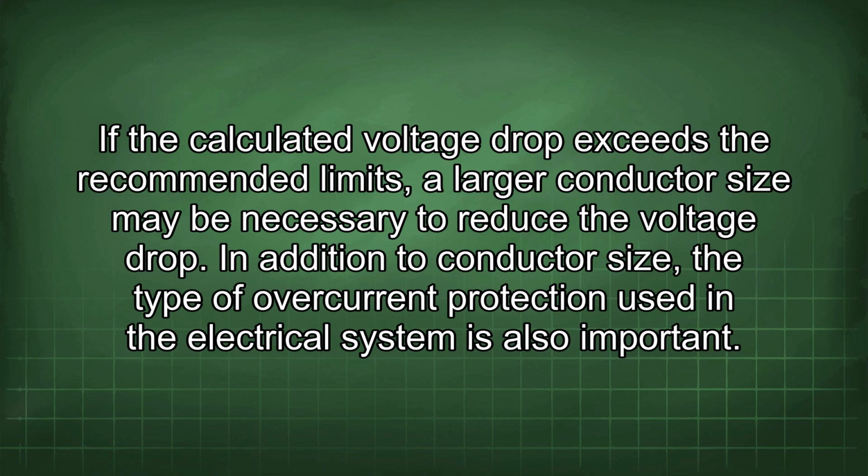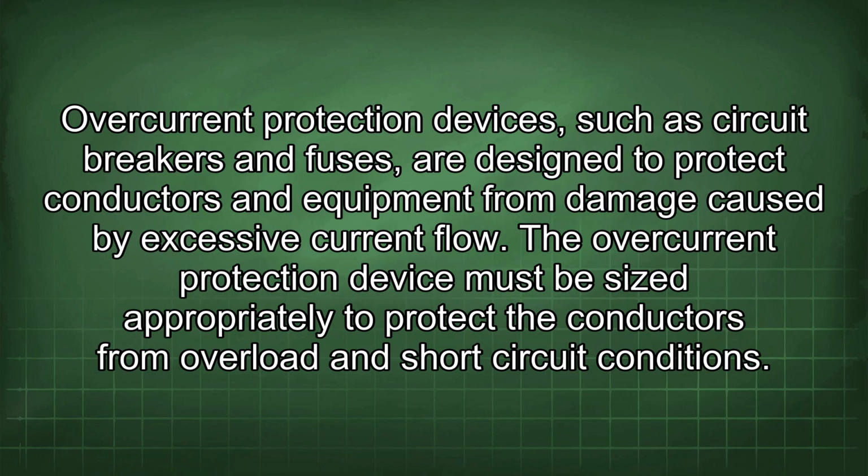drop. In addition to conductor size, the type of overcurrent protection used in the electrical system is also important. Overcurrent protection devices, such as circuit breakers and fuses, are designed to protect conductors and equipment from damage caused by excessive current flow. The overcurrent protection device must be sized appropriately to protect the conductors from overload and short-circuit conditions.